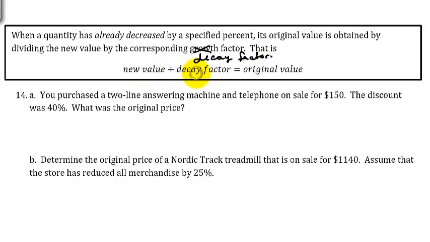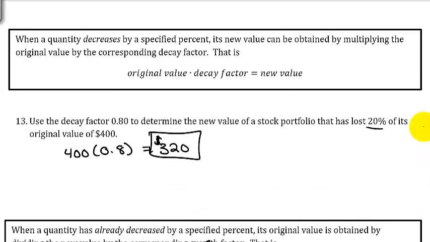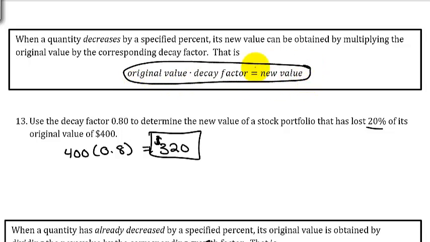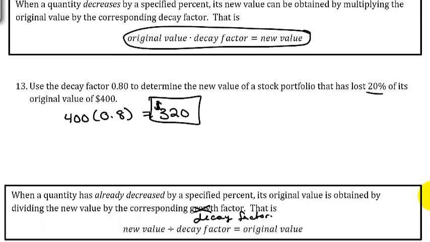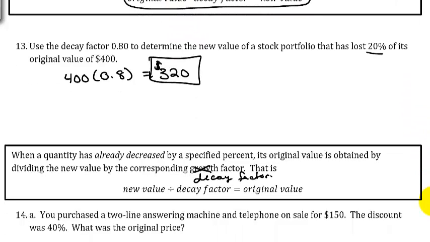So the new value divided by the decay factor is the original value, and they got that formula by dividing both sides of this equation by the decay factor. Just like with the growth factors, I like to plug things into this and then solve for what I need to figure out.